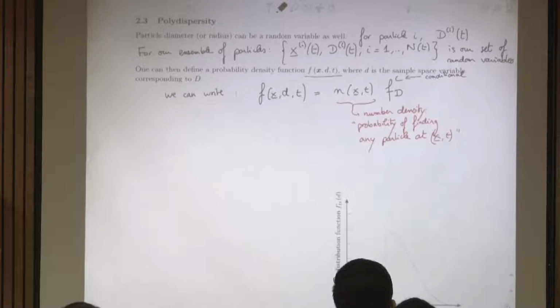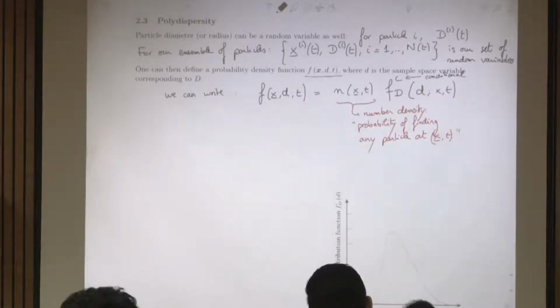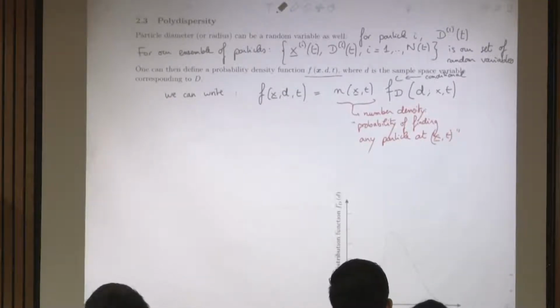So given the probability of finding a particle at that location, what is the probability of that particle being of diameter d? So we're going to classically decouple those two questions. We're going to have a certain probability of finding a certain size of particle, and then we're going to have just the probability of finding a particle at all at a given location.